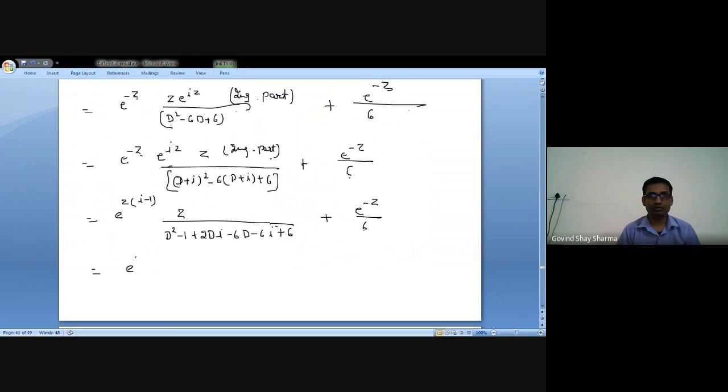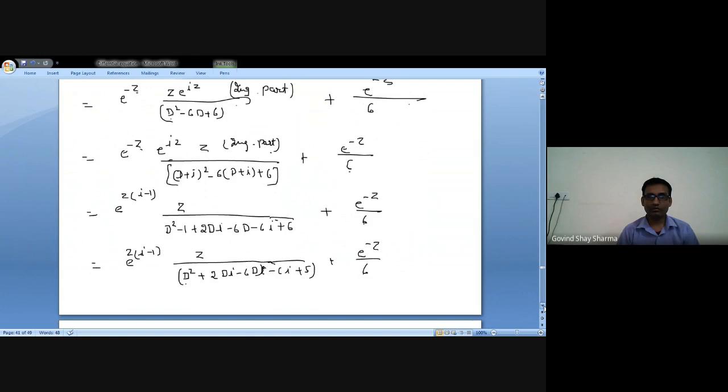So e to power z into (D minus 1) z, D square plus 2D into minus 60, minus 6i, plus 1, plus e to power minus z.